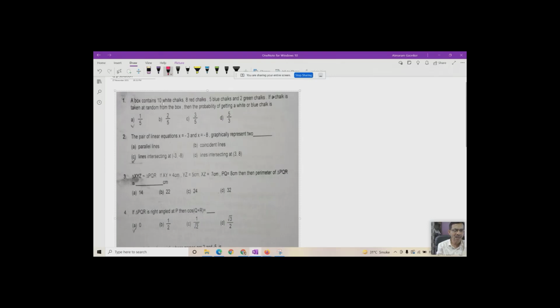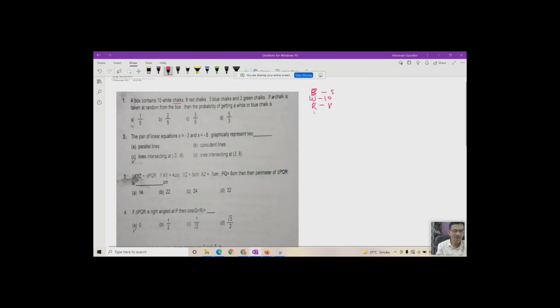A box contains 10 white marbles, sorry, chalks.